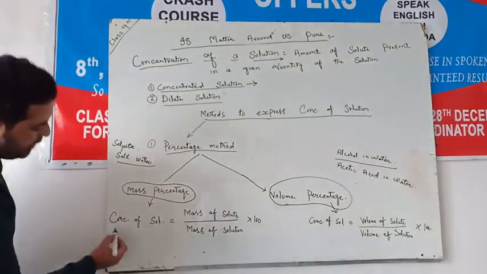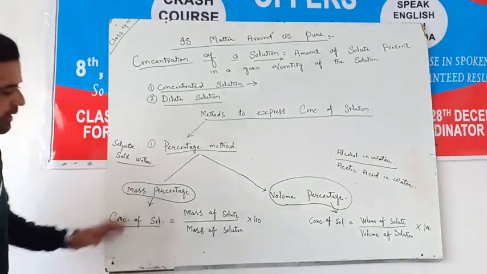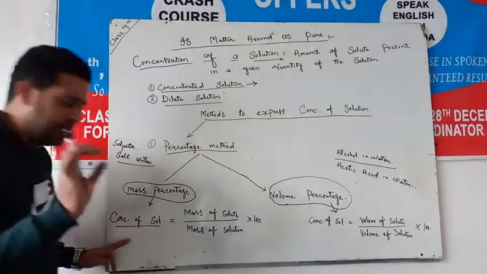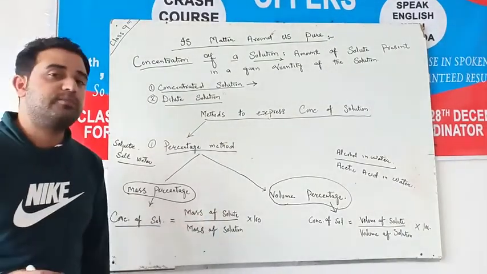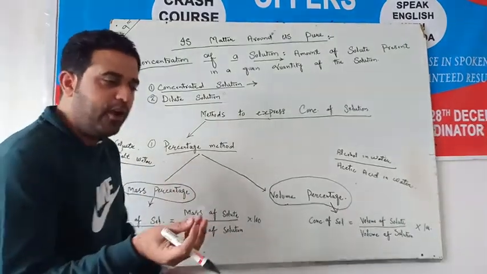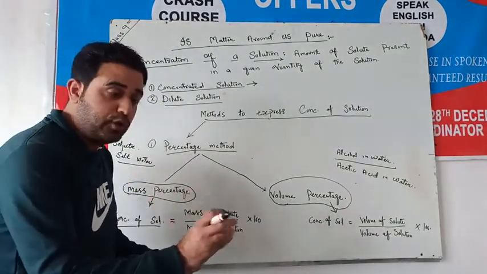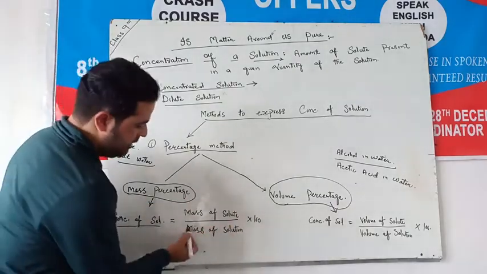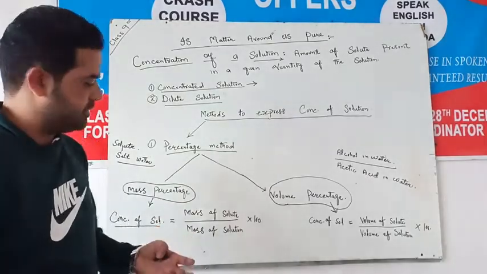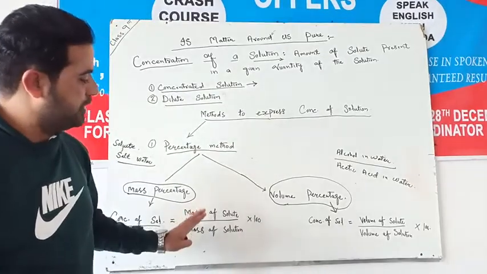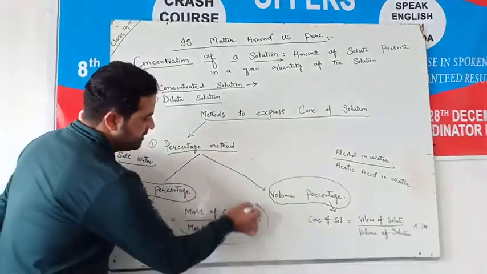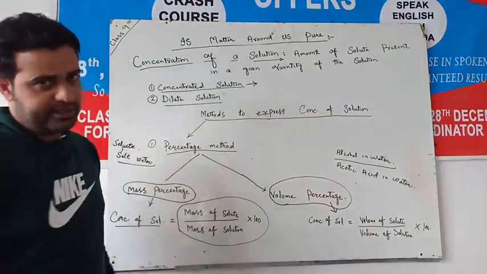Mass percentage: if we have to determine the concentration of a solution using the mass percentage method, the condition is that the solute must be in solid form. It is equal to the mass of the solute, which we have dissolved in the solution, divided by the mass of the solution, in grams, into 100. By the help of this equation, we can determine the concentration of the solution.